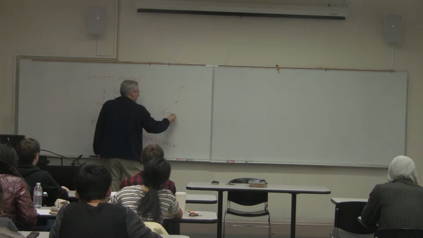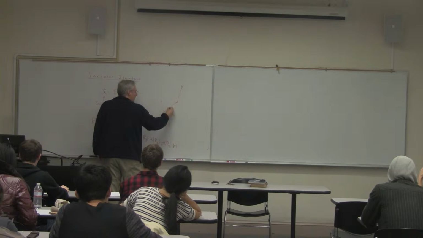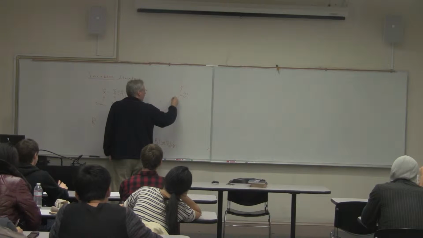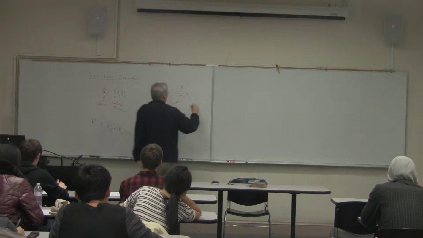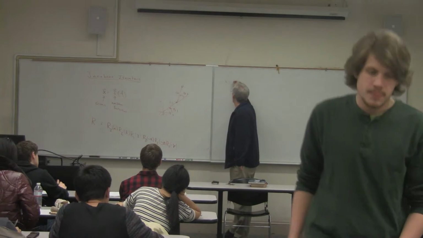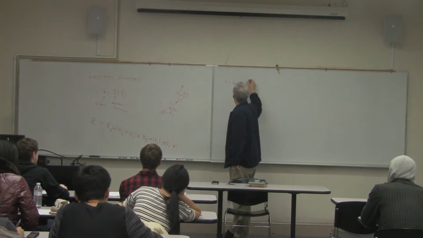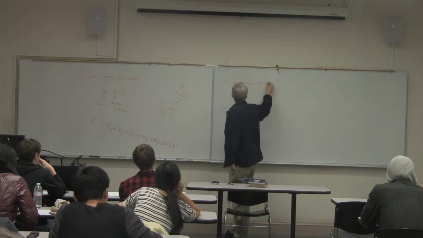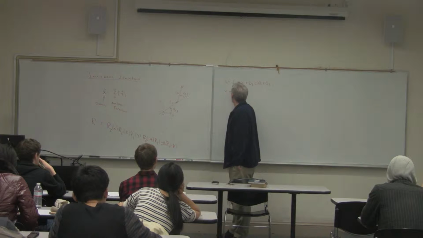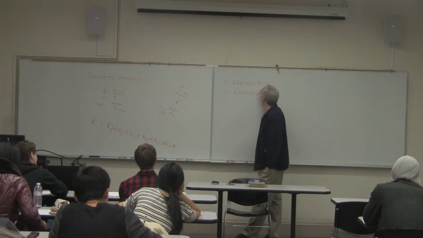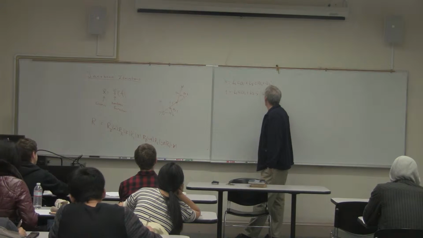So if this is x and y, and if this is theta 1 and theta 2, L1 and L2, I have that the end position here is L1 cosine theta 1 plus L2 cosine of theta 1 plus theta 2, and y is equal to L1 sine theta 1 plus L2 sine of theta 1 plus theta 2.